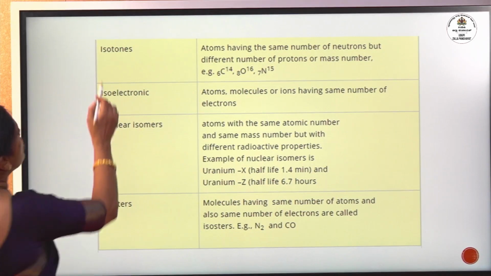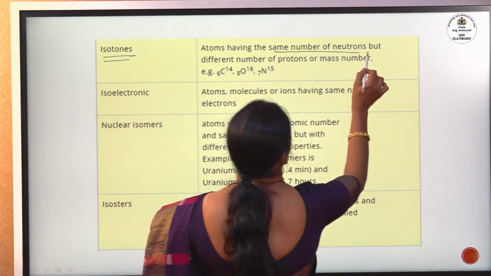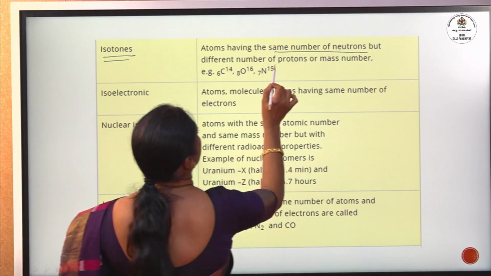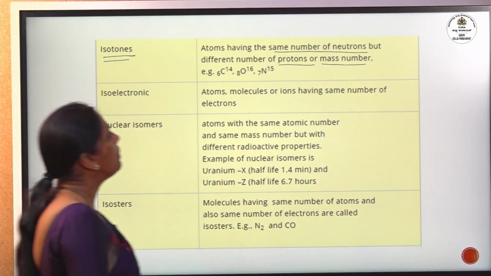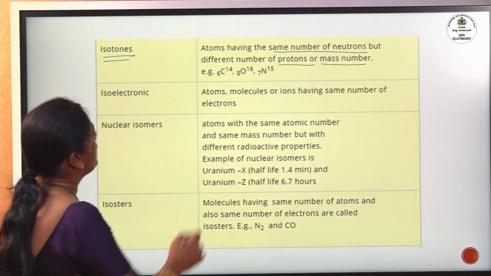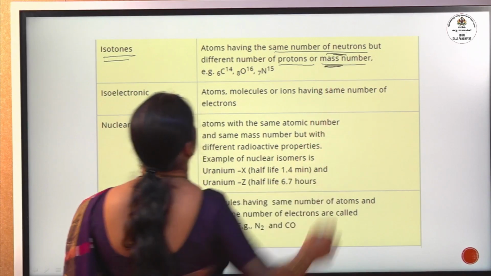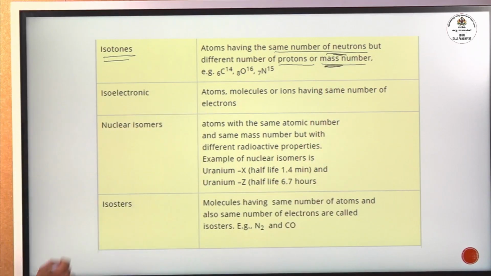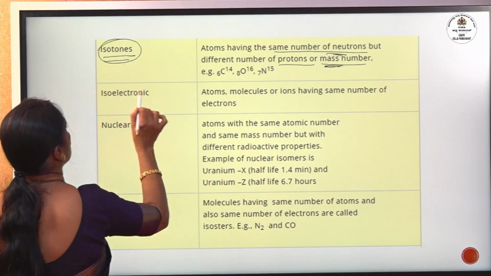Next, isotones: atoms having the same number of neutrons but different number of protons or mass number. Same number of neutrons, different mass number. That is isotone.